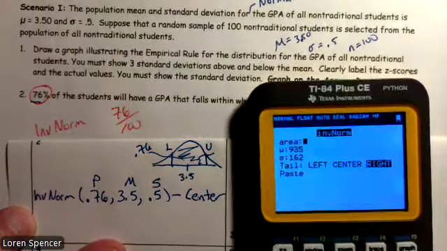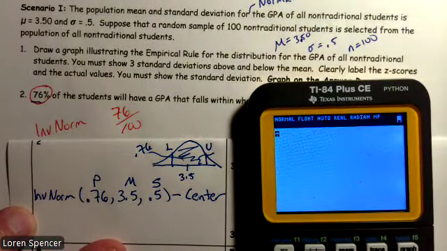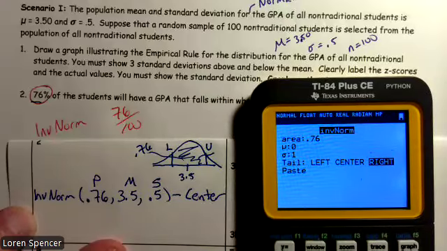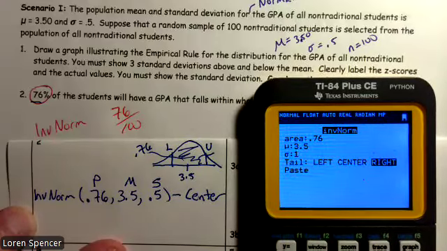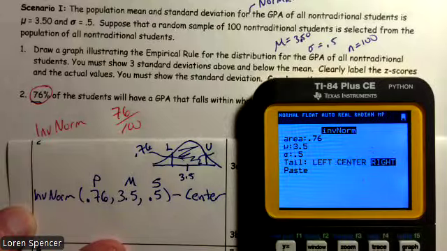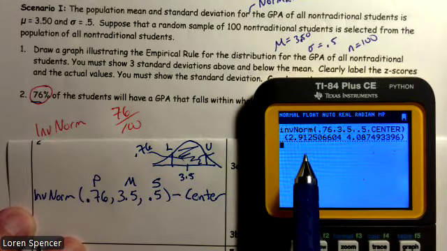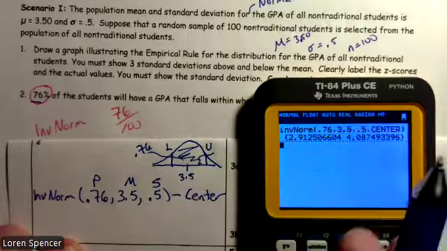So, second vars, inverse norm, 0.76, mean of 3.5, standard deviation of 0.5. Make sure center is highlighted. Press enter. And we get a lower bound of 2.1925.